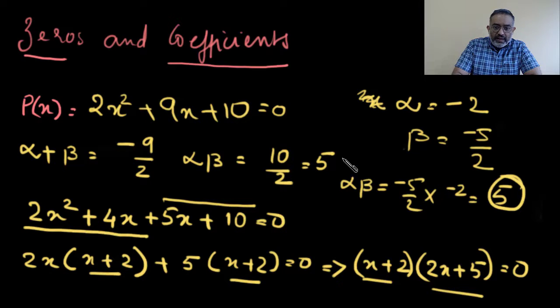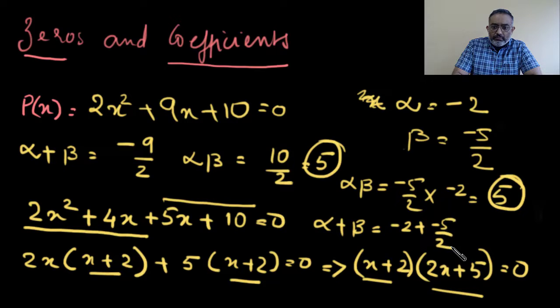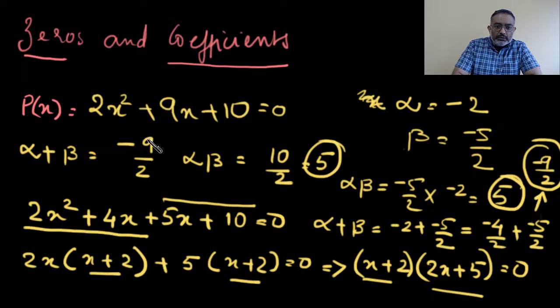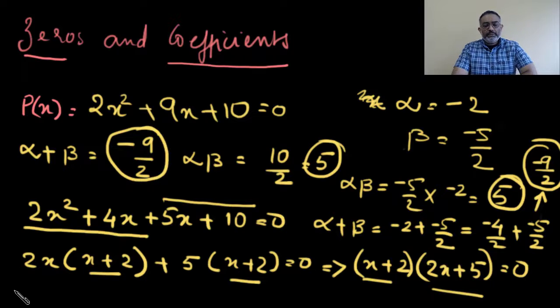The same value as here. And alpha plus beta is minus 2 plus minus 5 by 2, which is negative 4 by 2 plus negative 5 by 2, or negative 9 by 2, the same value as here. So we have now proven that theory.